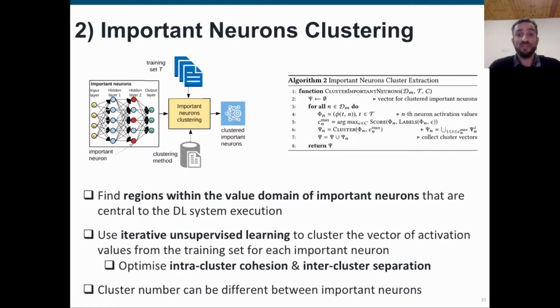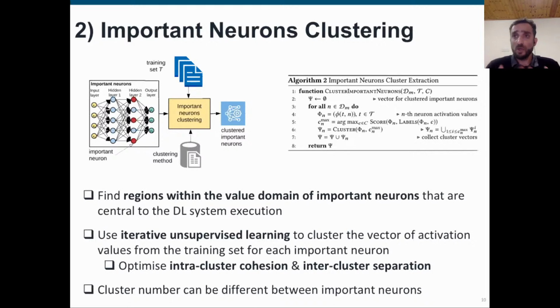And the primary purpose of that is to optimize the intra-cluster cohesion, meaning minimizing the average distance of the activation value to all other values in the same cluster, and the inter-cluster separation, in this case, the average distance between the input activation value and activation values in their nearest neighbor clusters.